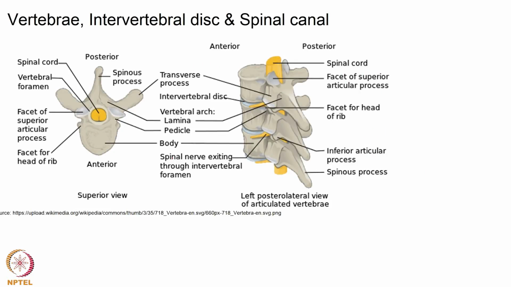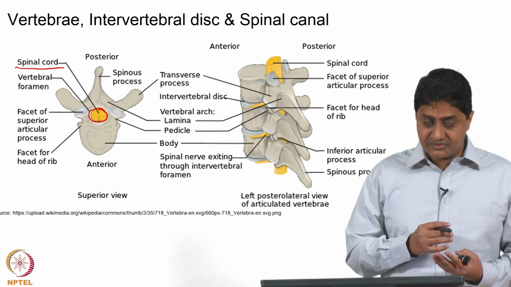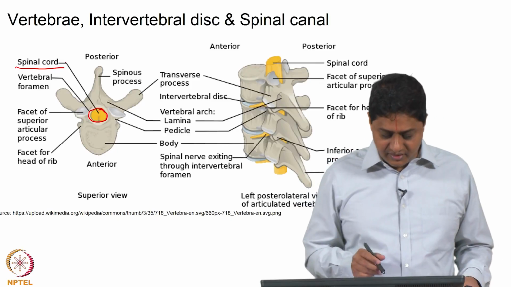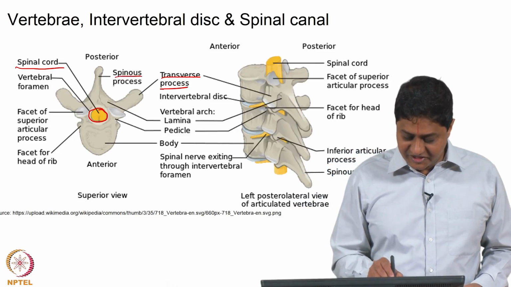So, an example of a vertebra and its process, its anatomy. We will discuss this very briefly. In the center you have the spinal cord, which is the bundle of nerves that I was talking about, and there are transverse processes and spinous processes.